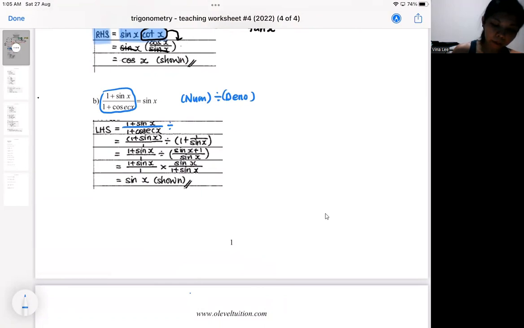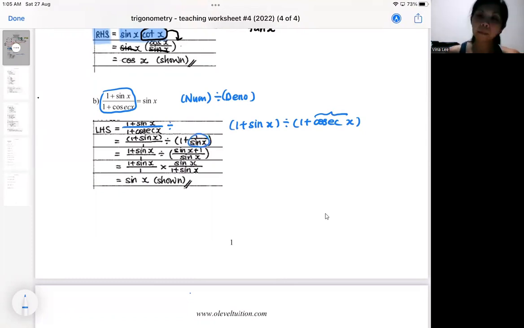So it would be a numerator divided by a denominator. That's my approach for this question. And this one has a formula, so if you look, I change it to the formula.